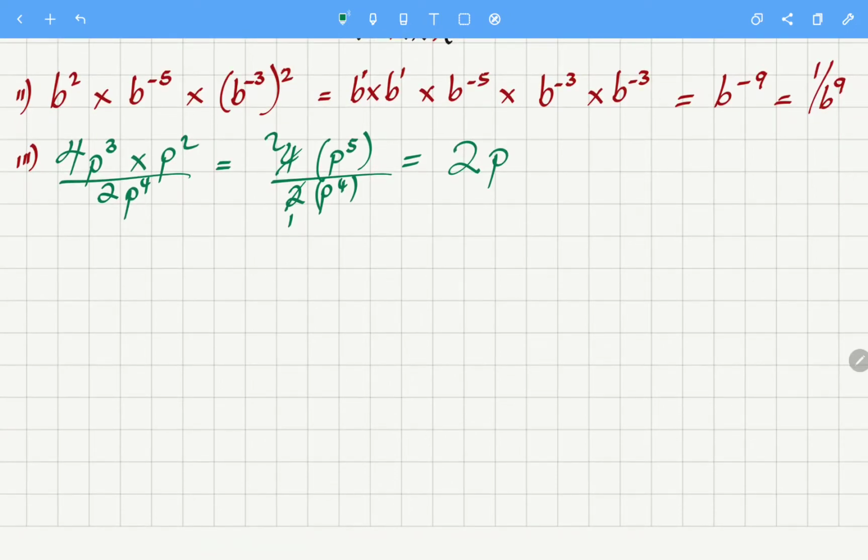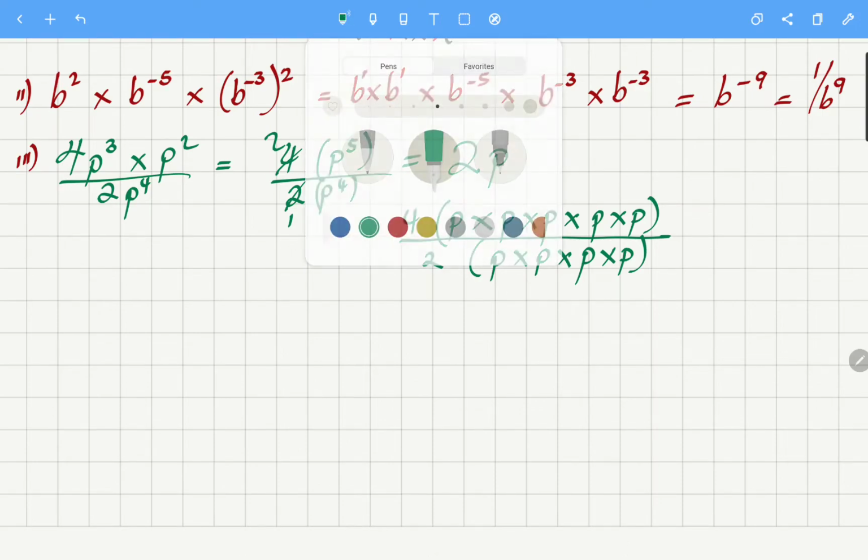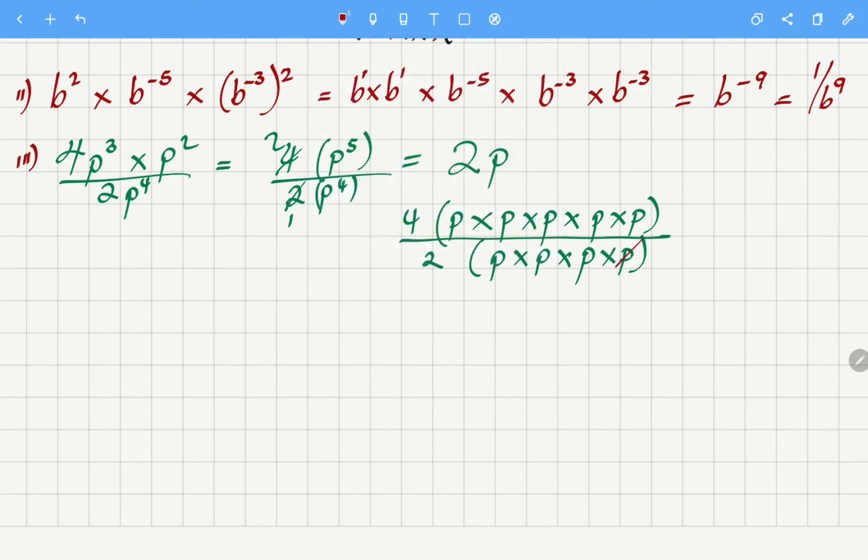I can expand it further: p times p times p times p times p divided by p times p times p times p. Cancelling things out, that's 2p.